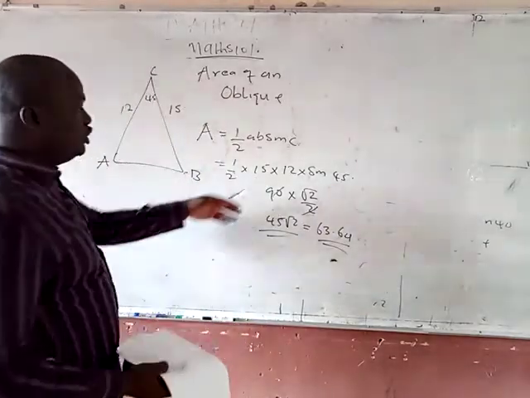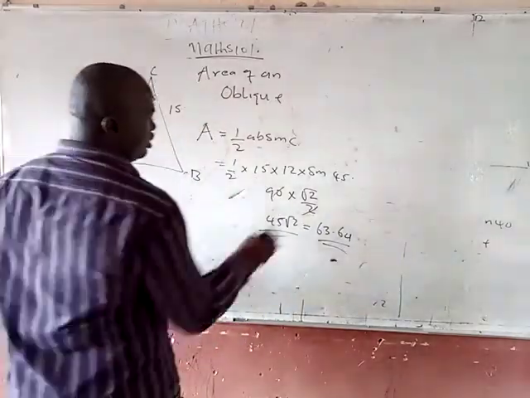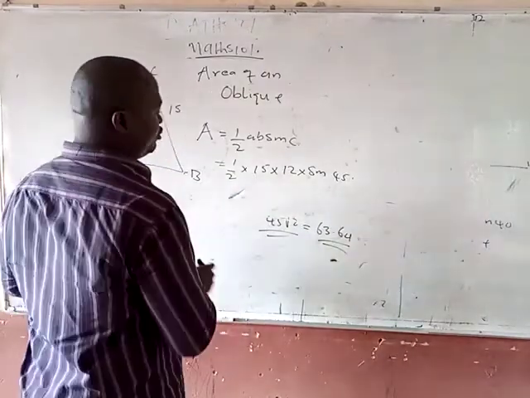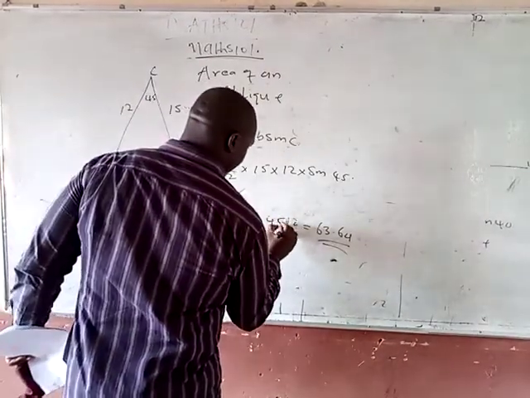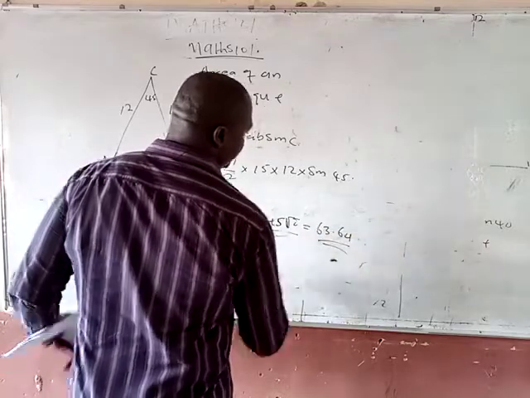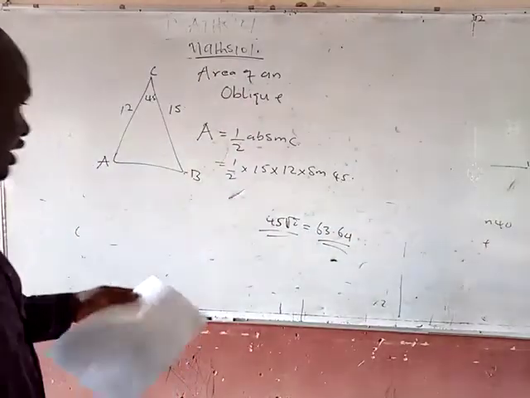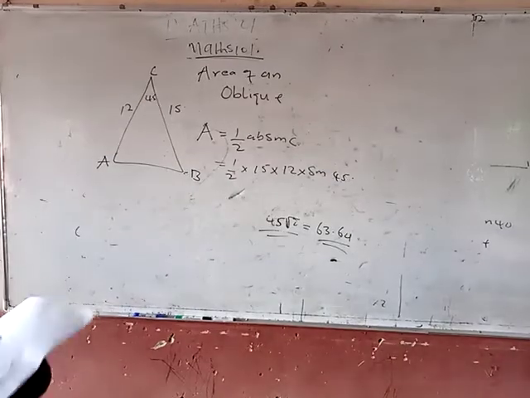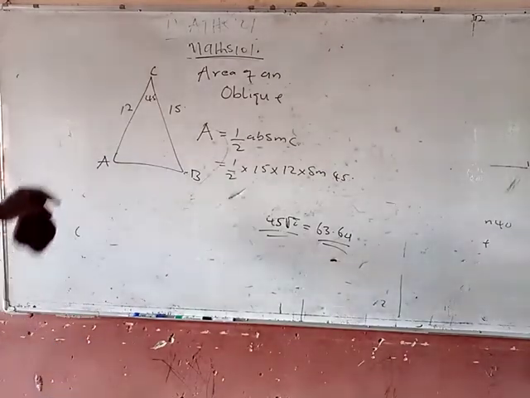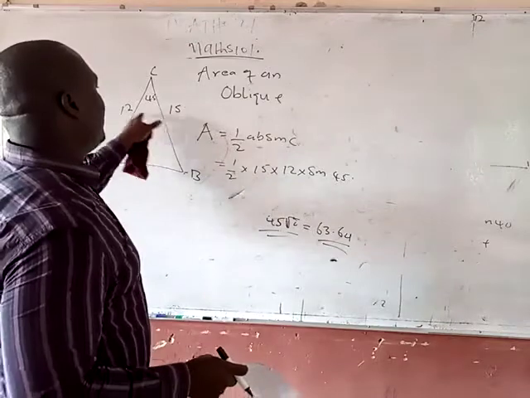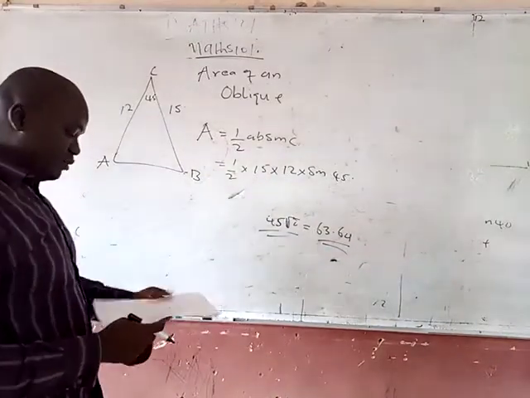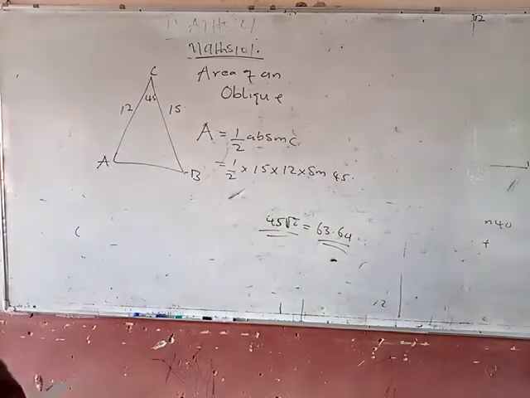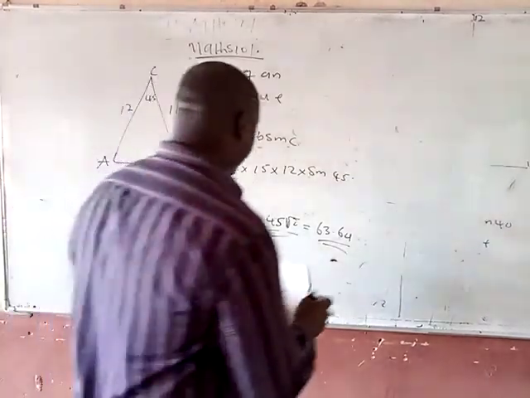So all you need to do is just punch your calculator. That's how to find the area of an oblique triangle. If you are given this adjacent side and angle and asked to find the area of a triangle, this is the formula you're going to use to solve it.